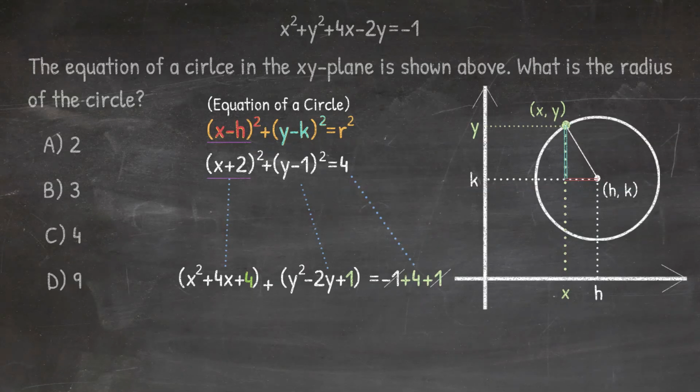Now let's focus on the right side. We know at this point that r squared in our formula is actually 4. So since the question asks about the radius of the circle, let's find what the radius would be. If radius squared equals 4, radius equals 2, our answer choice is A.